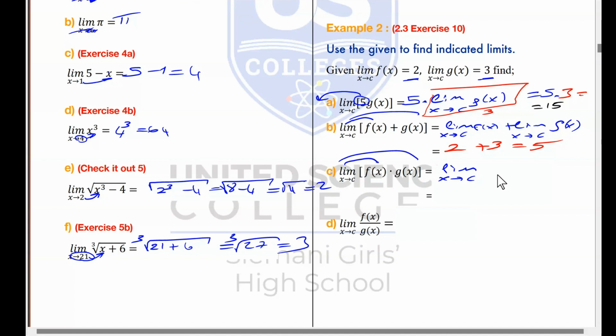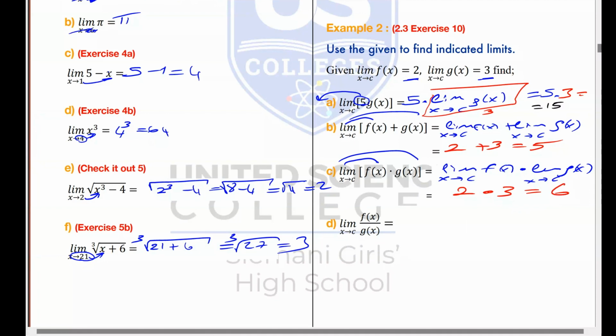So the limit as x approaches c of f multiplied by the limit as x approaches c of g, whose values were given as 2 for the limit of f and 3 for the limit of g. So 2 multiplied by 3 makes 6.